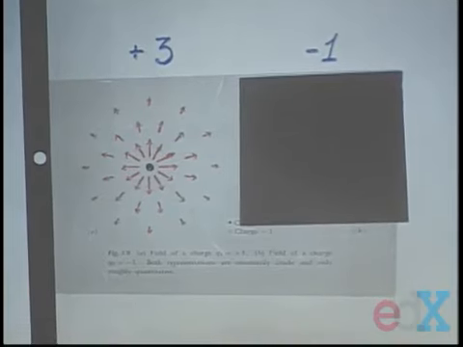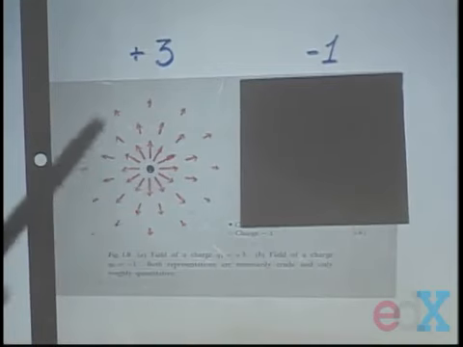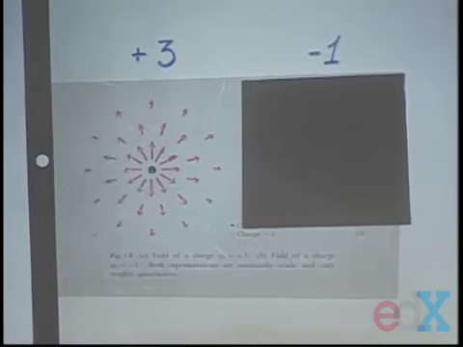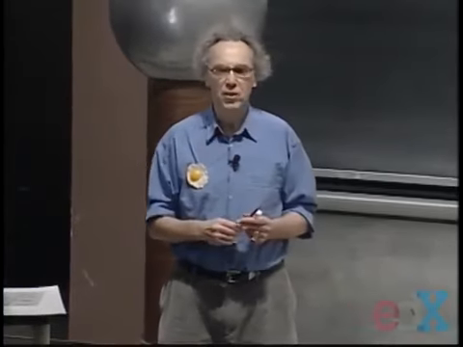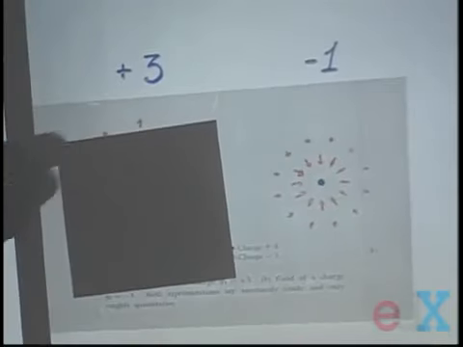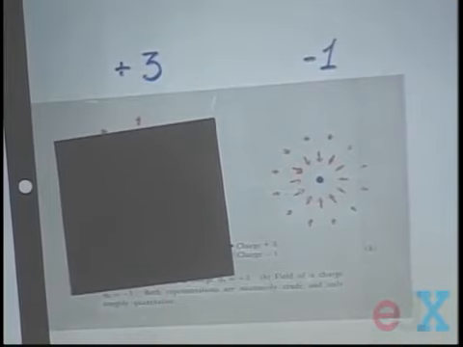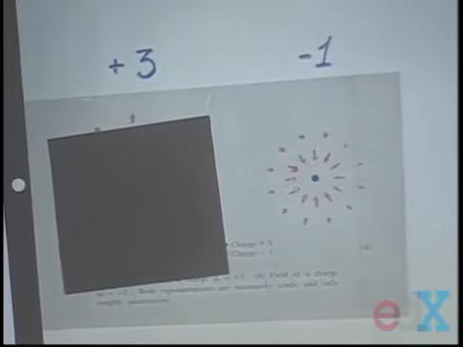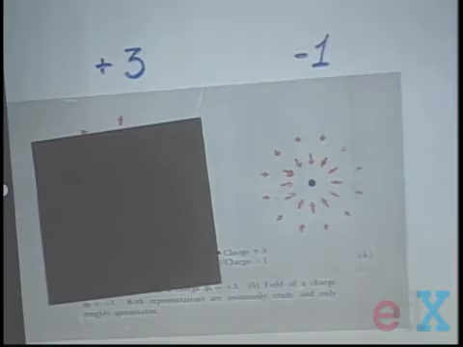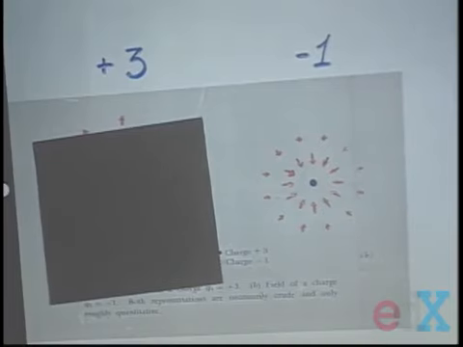The basic idea is here you see the field vectors, and the direction of the arrow tells you in which direction the force would be if it is a positive test charge, and the length of the vector gives you an idea of the magnitude. And here I have another charge, -1. Doesn't matter whether it is -1 Coulomb or -1 microCoulomb, it's just a relative representation.